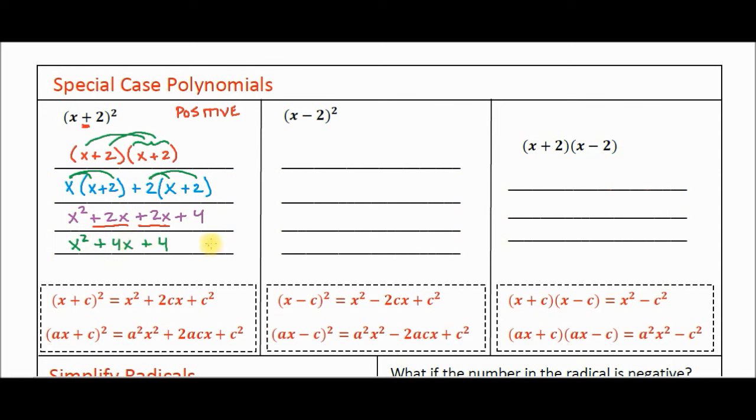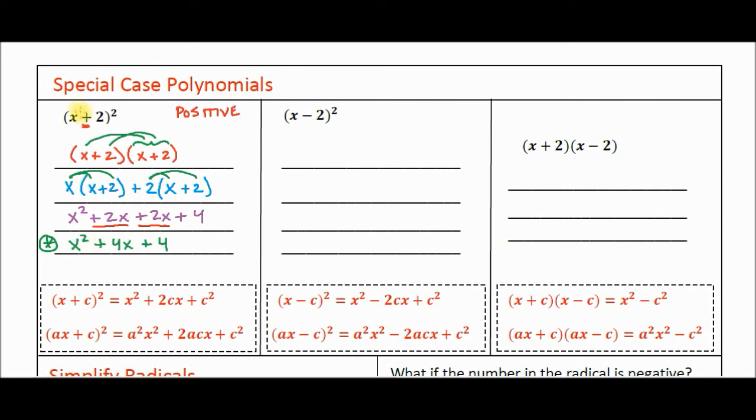Now class, this final answer here, I'll put a star there. This final answer has a format that will always be the same when you have this type of special case polynomial. The first term of your final answer, which is a trinomial, this is your distributed expression.